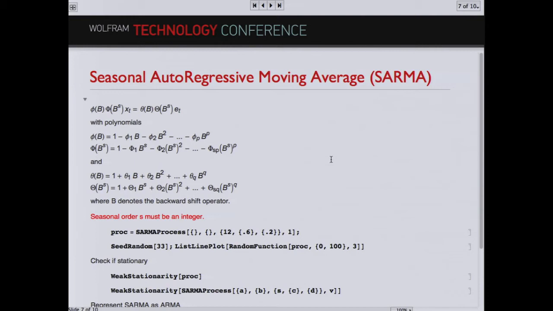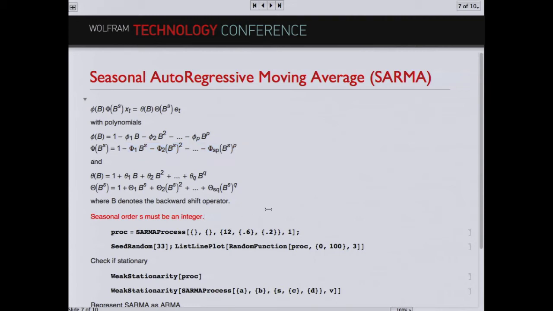Okay, adding S to ARMA will give us a seasonal autoregressive moving average, so a SARMA process, and that means that I now have orders here. Let's maybe look at the polynomials. I have my polynomials here also with a seasonality component, governed by parameter S. So now we're getting double the amount of autoregressive orders and moving average orders.